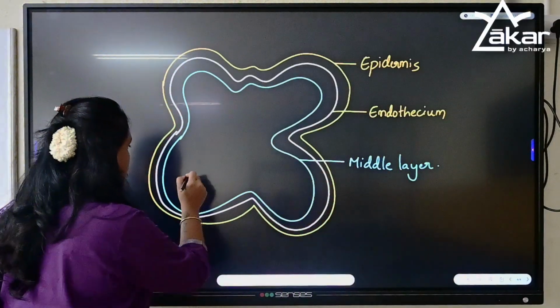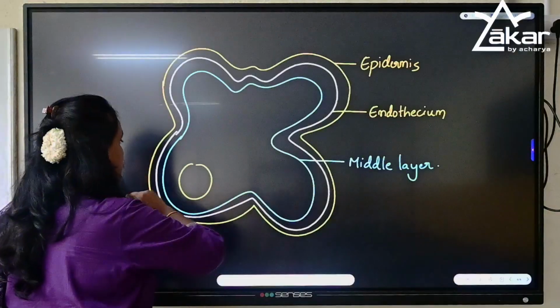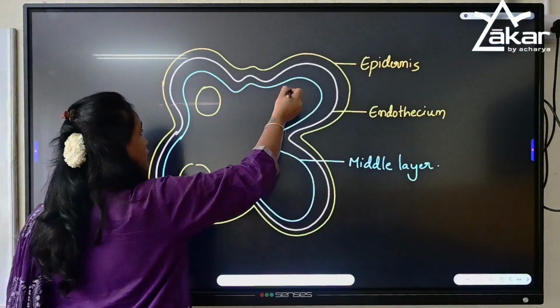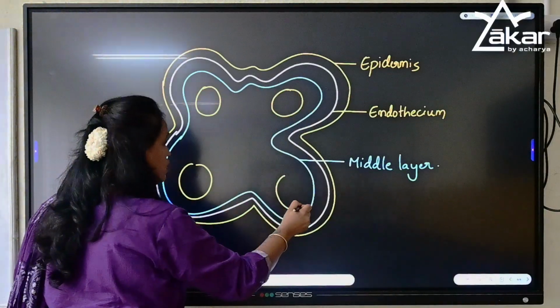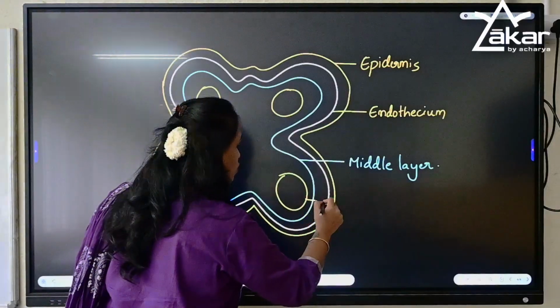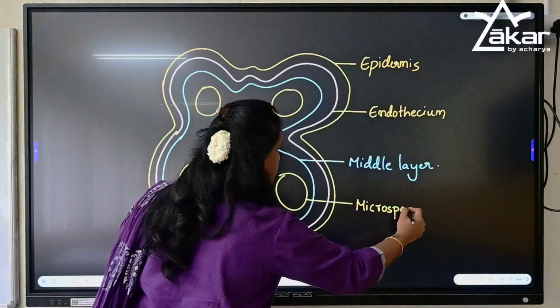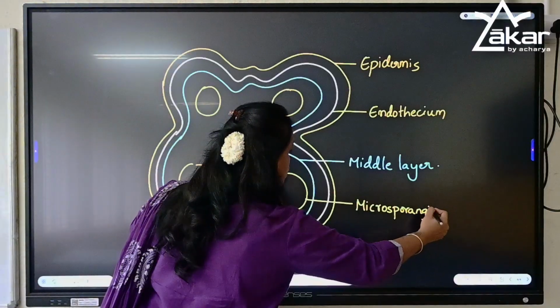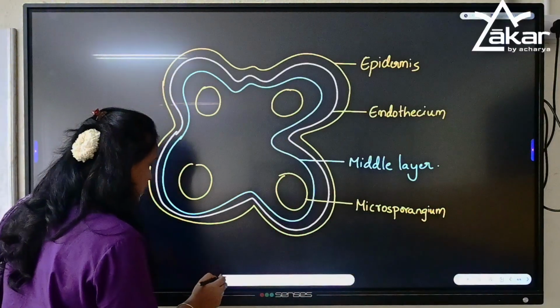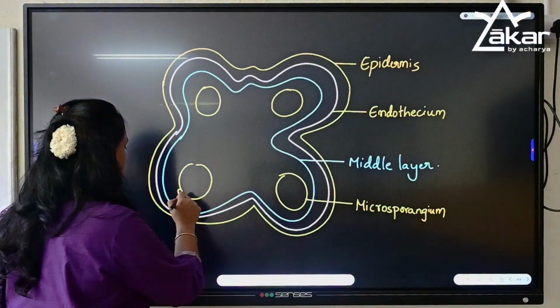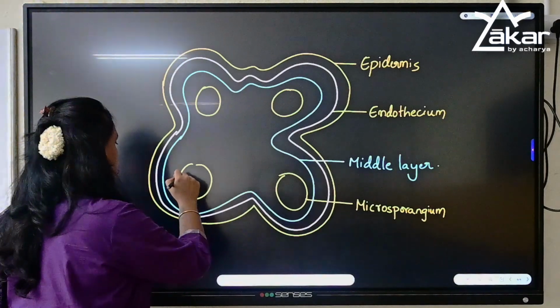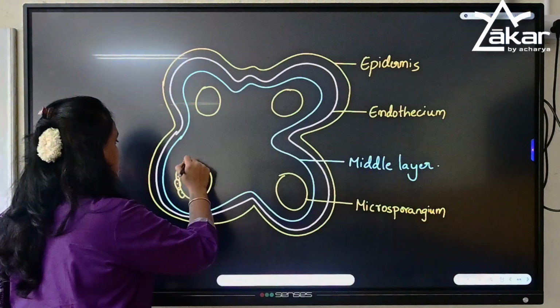Now you draw 4 circles in these corners. That is our microsporangium. And around the microsporangium, draw some cells, like this.